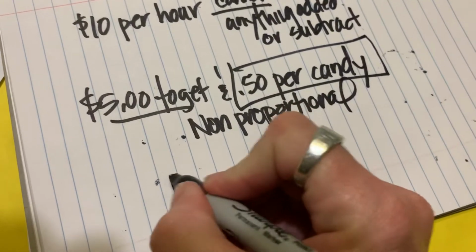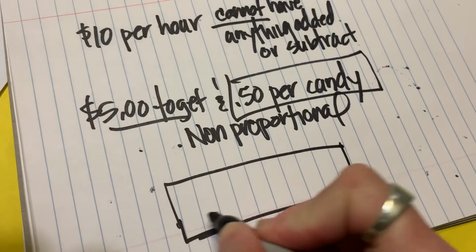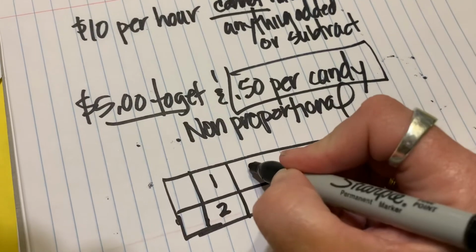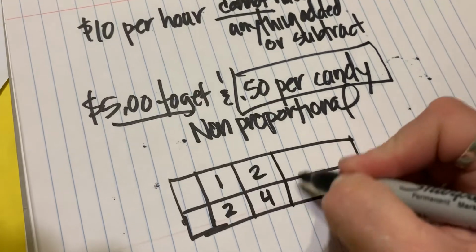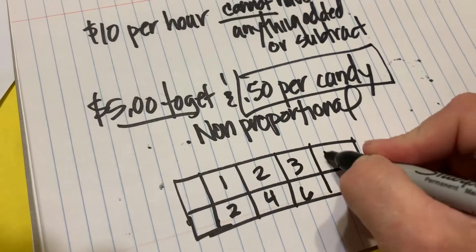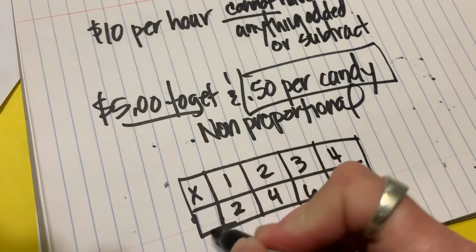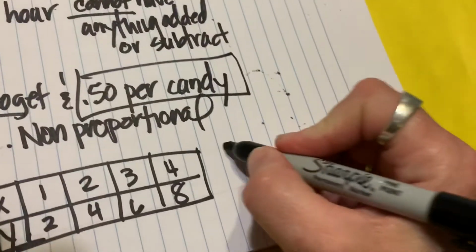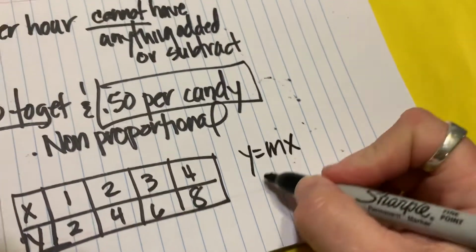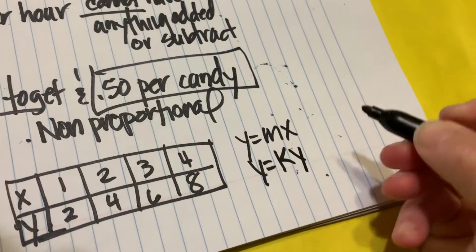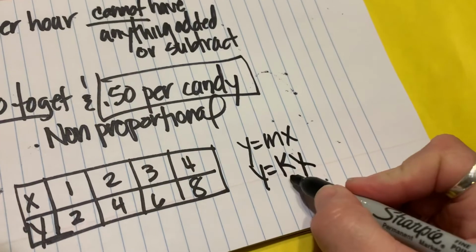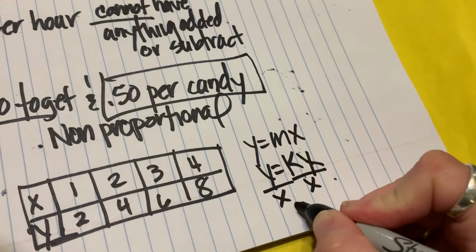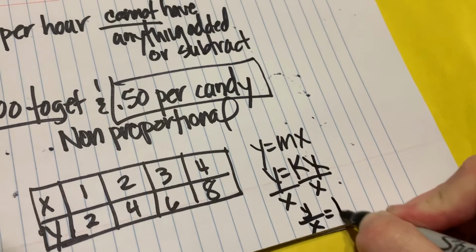If you saw it in a table, 1 to 2, 2 to 4. There's your x and there's your y. You can divide because y equals mx is the same as y equals kx, which we just determined if we solve for k, divide by x, that means y divided by x equals k.